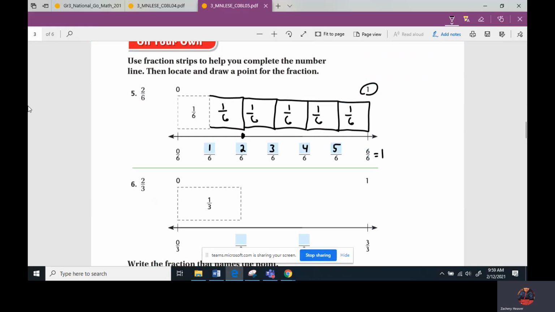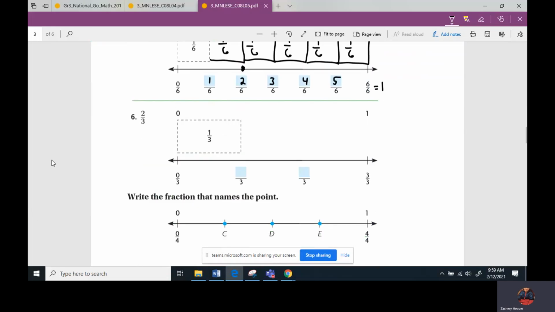The next one, it wants us to find 2/3. Well, I know I have 0 out of 3, which makes 0, 1/3, 2/3, and 3/3, which equals 1. Let me draw my fraction blocks. See, these are a little bit bigger. And this is 1/3, and this is 1/3. Drawing a point at 2/3 is going to be about right here.